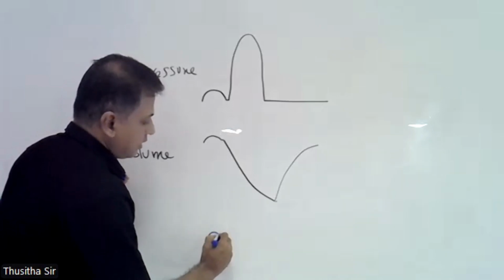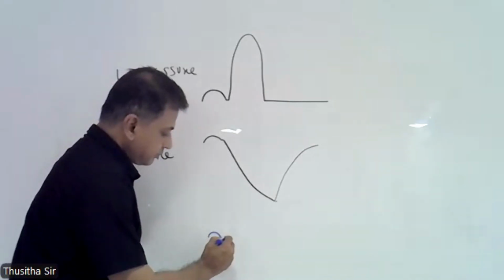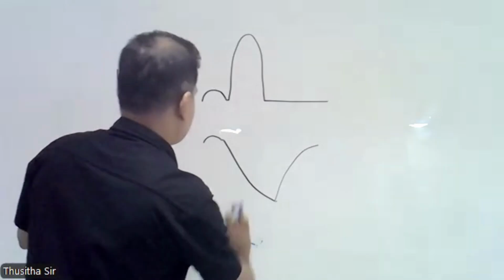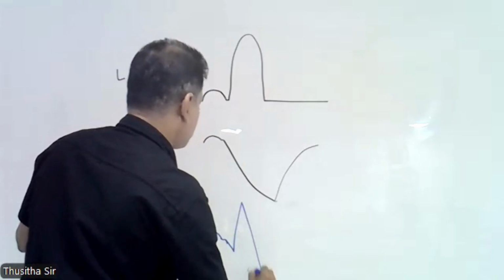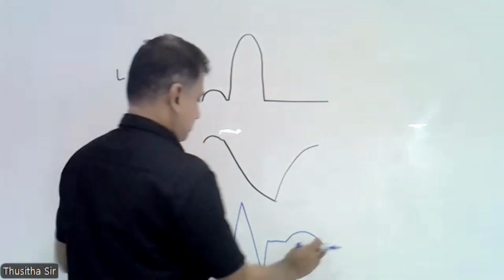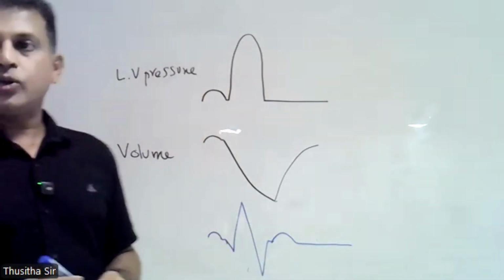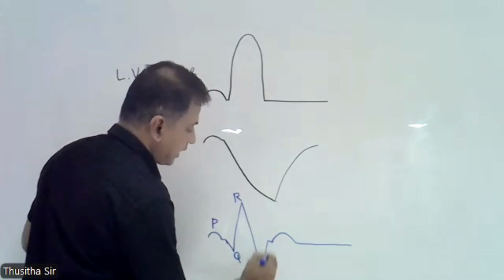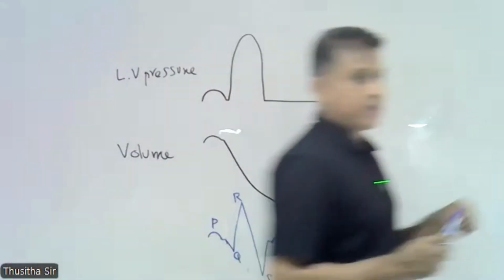That's the atrial depolarization, and it looks like this: P, Q, R, S, T. So we have the standard letters for this.